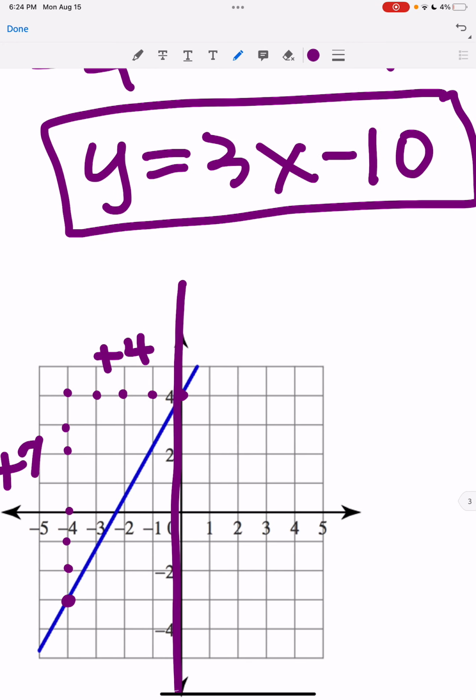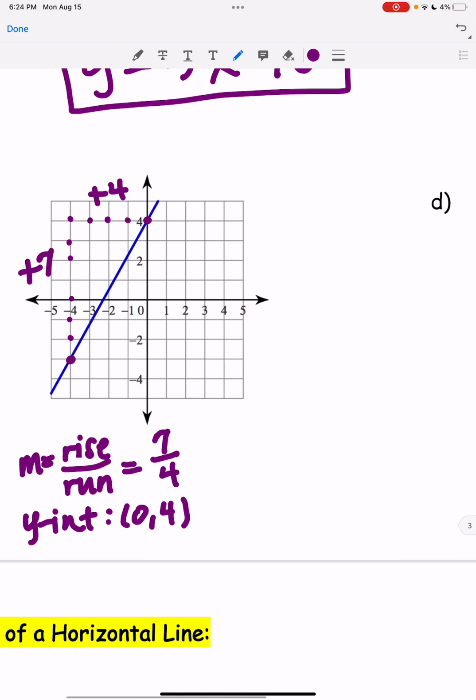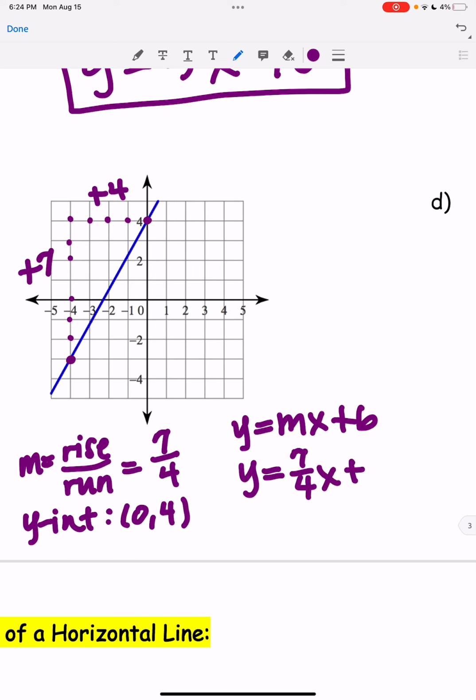My y-intercept is where this graph crosses the y-axis, which is right here. So my y-intercept is 0, 4. So now we can put it into our y equals mx plus b form because I have both of those answers. My slope is 7/4 and my y-intercept is 4.